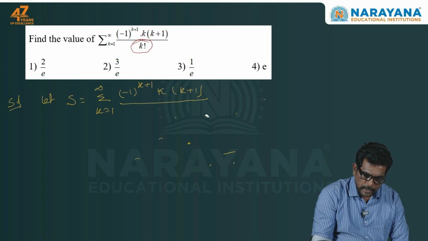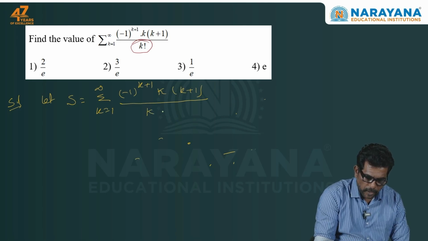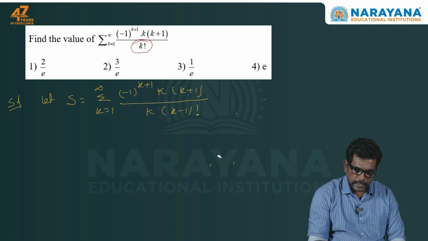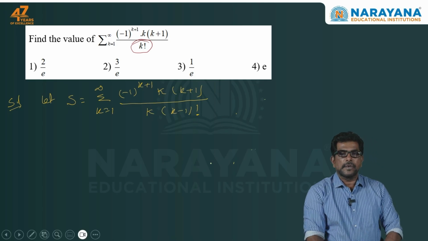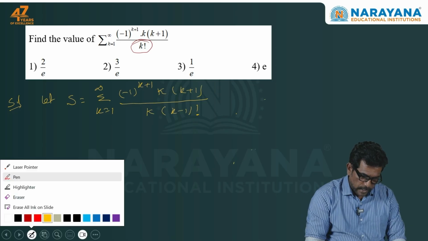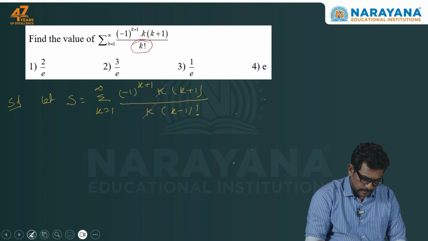Now k factorial I am writing as k into k minus 1 factorial, using the formula n factorial is equal to n into n minus 1 factorial. Here the numerator and denominator both have k as a common factor, so k cancelled.